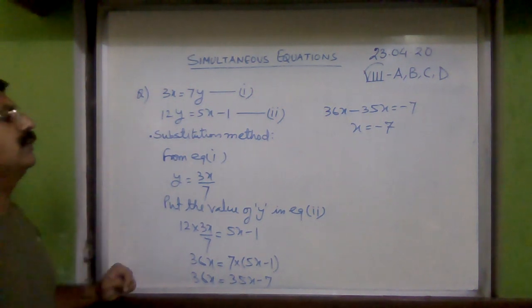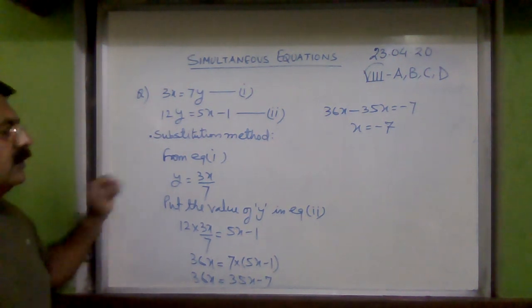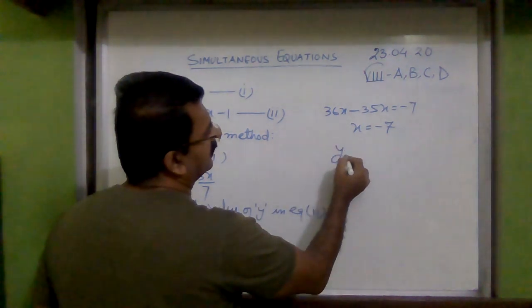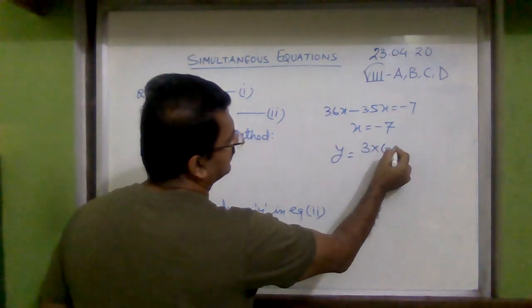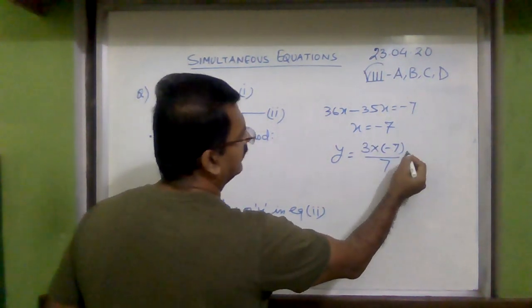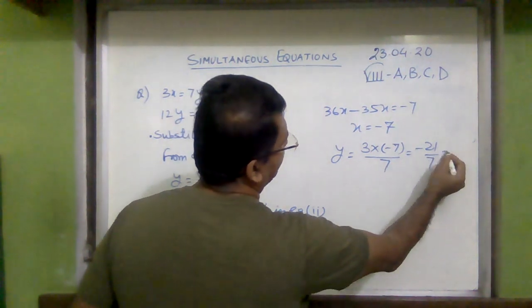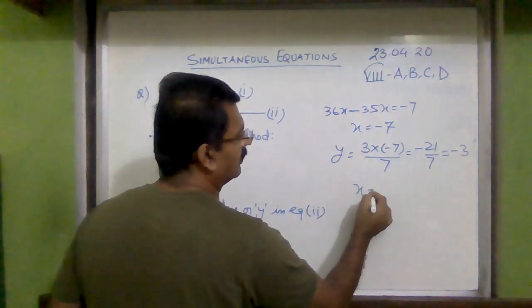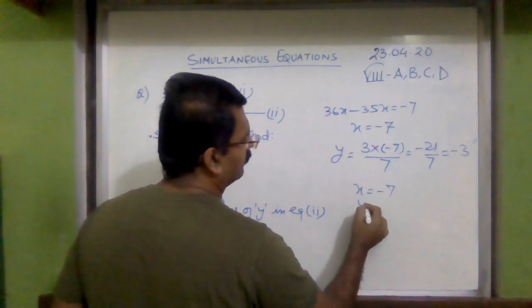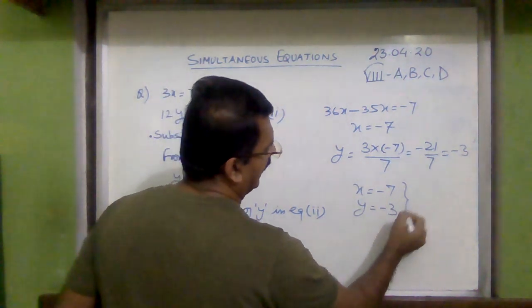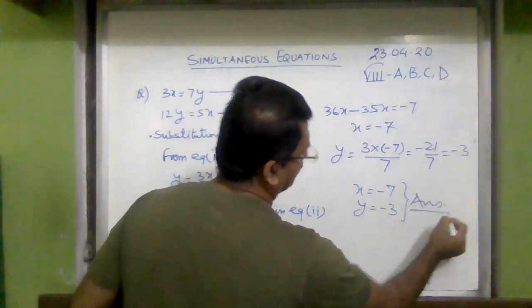Now you put that value of x in this value of y. So y is equal to 3 into minus 7 upon 7, minus 21 by 7, that is minus 3. So x is equal to minus 7 and y is equal to minus 3. And that is your answer.